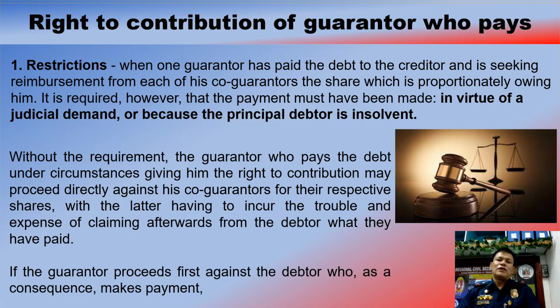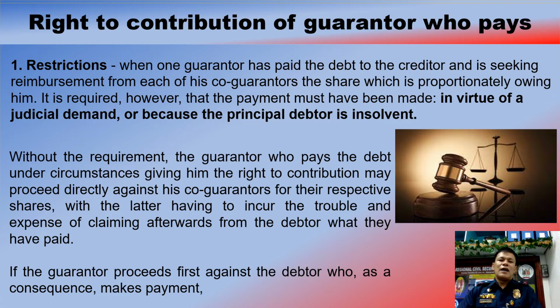Right to contribution of guarantor who pays. 1. Restriction. Article 2073 contemplates a situation which arises when one guarantor has paid the debt to the creditor and is seeking reimbursement from each of his co-guarantors, the share which is proportionately owing him.